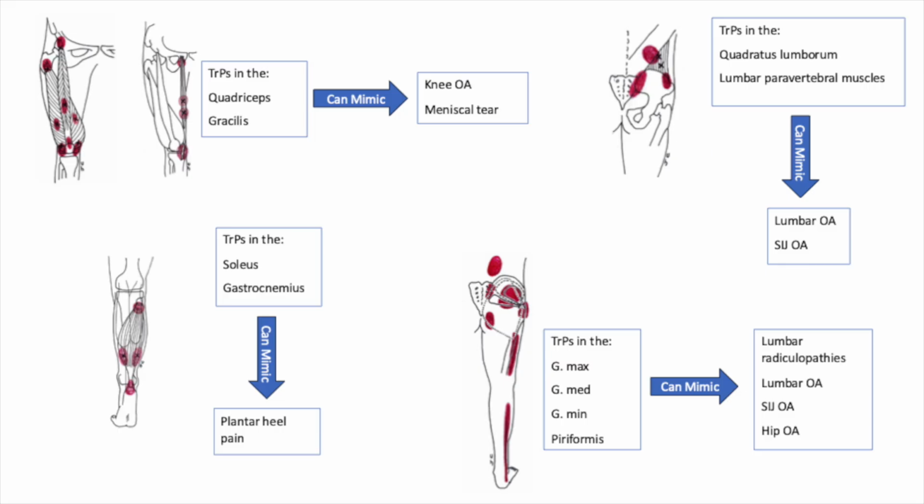Trigger points in the soleus can mimic many causes of plantar heel pain, like plantar fasciitis or heel spur pain. Trigger points in the gluteal muscles and the piriformis can mimic lumbar radiculopathies, can also mimic arthritis in the lumbar spine, sacroiliac joint, or hip joint.